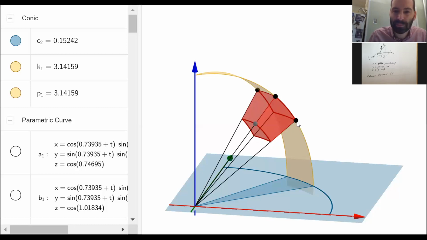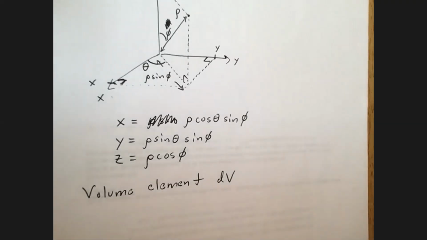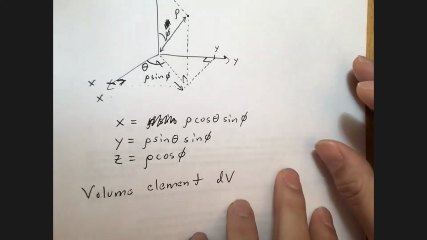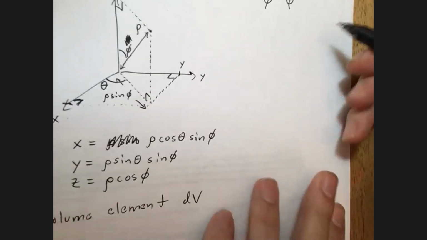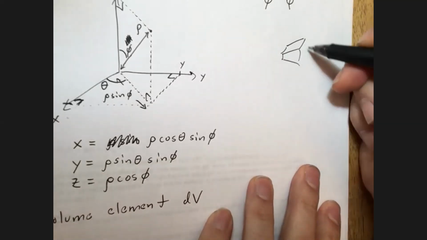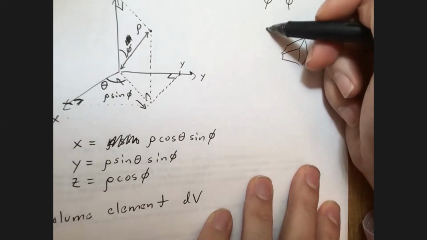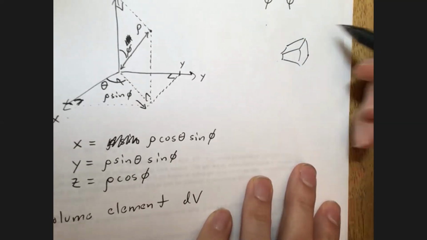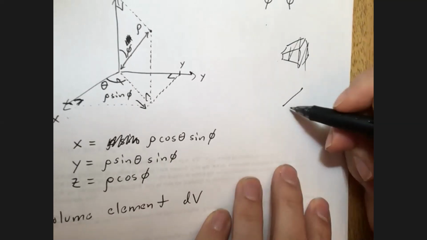Let me bring this to the paper and I'll show you what we have to worry about here. Okay, so let's go back to the paper. What I had in that picture was this wedge-shaped object, and that's not the best picture, so let me try to do it like this.